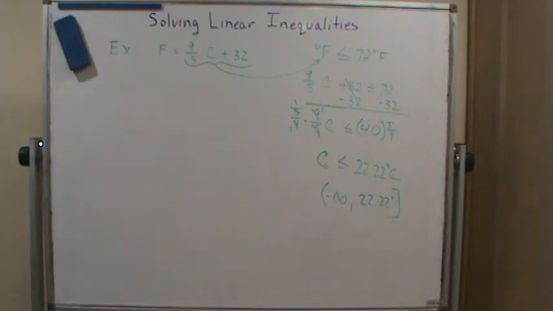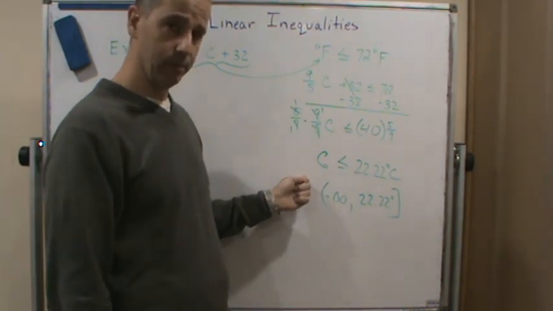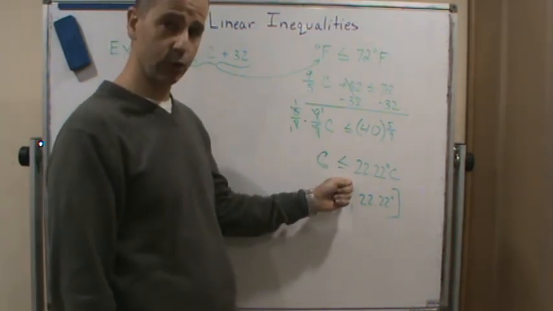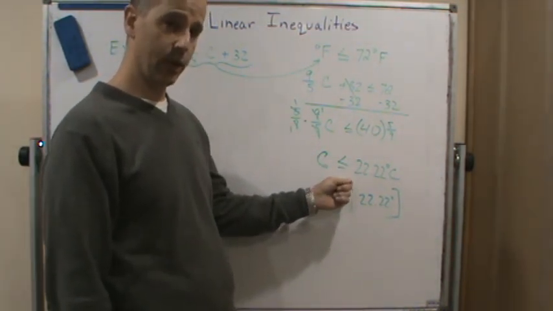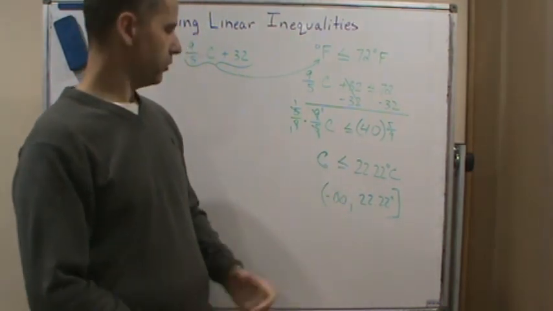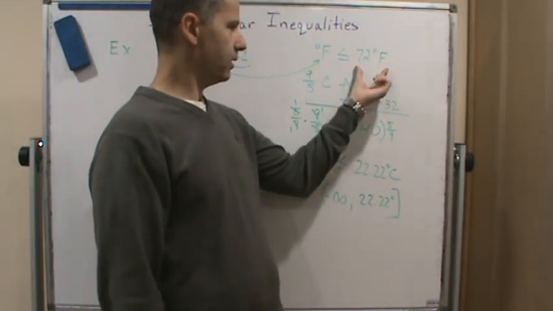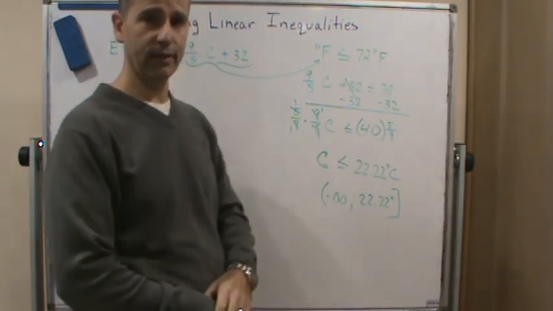It means that the furnace will kick on when the temperature is equal to or less than 22.22 degrees Celsius. So 22.22 degrees Celsius is equivalent to 72 degrees Fahrenheit. That's another way to look at it.